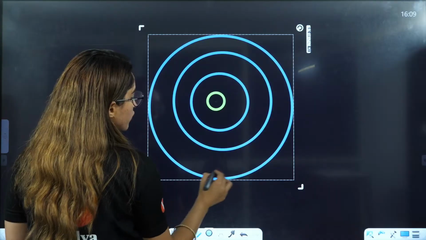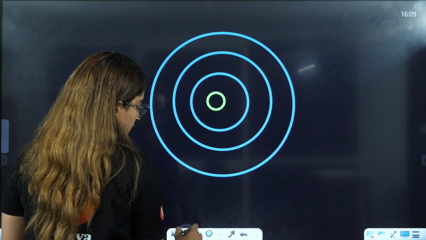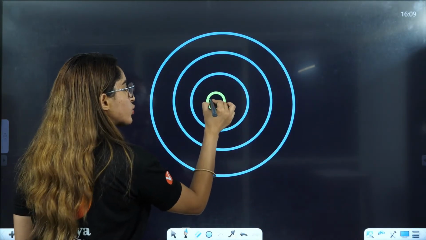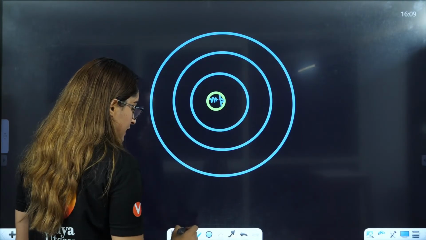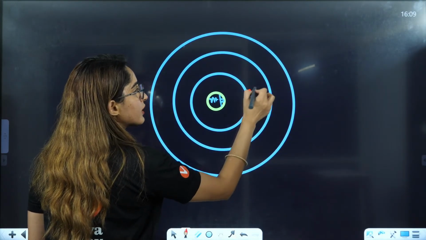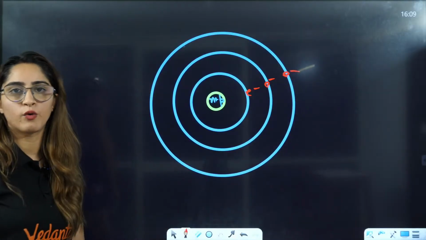This is what we know now. Now we know that there is neutron plus proton here, and electrons are revolving around it.